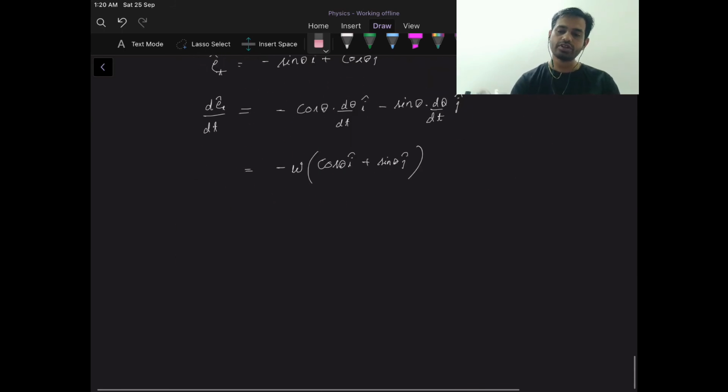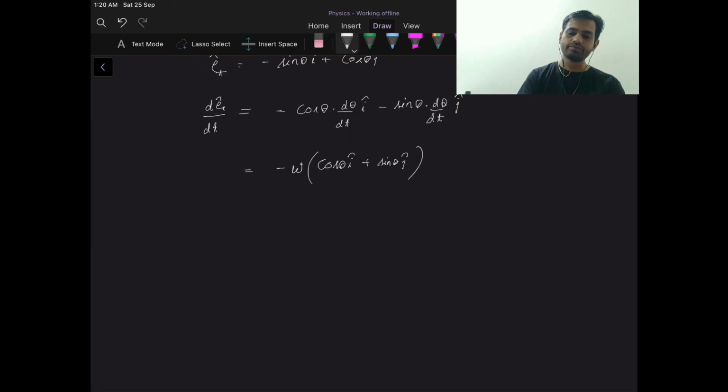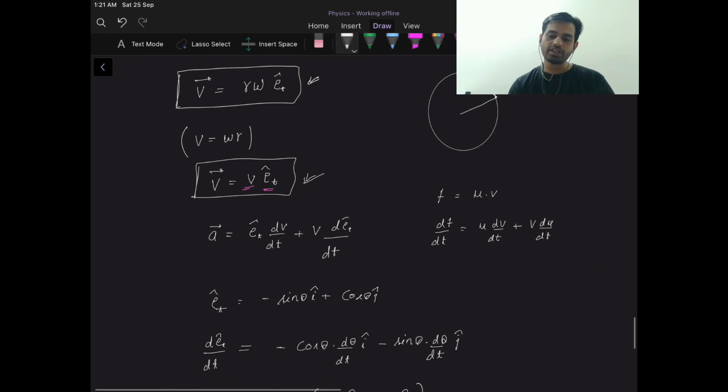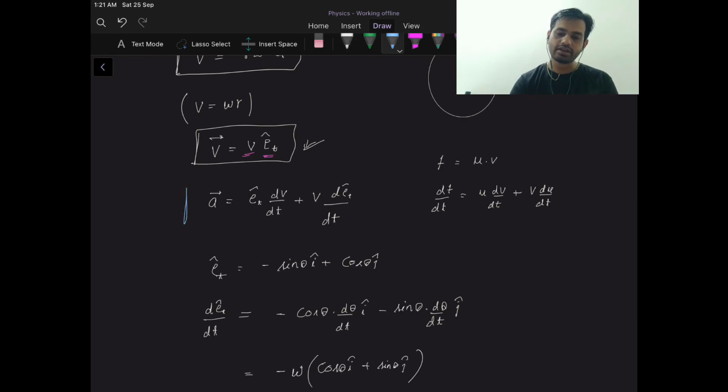So, we can substitute this value. So, this value will be equal to minus of omega into E R cap, right. So, differentiation of unit vector along tangent will give you minus of omega into E R cap. Now, we can substitute this value in the first equation. So, in this equation, which one? Here. You can substitute this value in this equation.